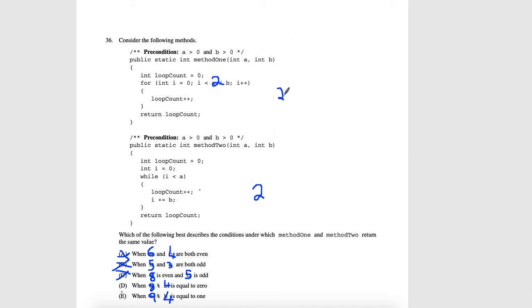So this loop would run twice, but note that this loop will run 3 times, because it will run when I is equal to 0. You increment by 4, then I will become 4, and this conditional is still true. Then I will become 8, and 8 is less than 9, so this conditional is true. So under the situation where you have 9 modulo 4, the first loop will increment twice, and the second loop will increment 3 times. So we can rule that one out.